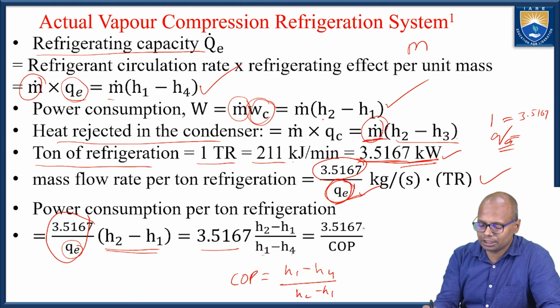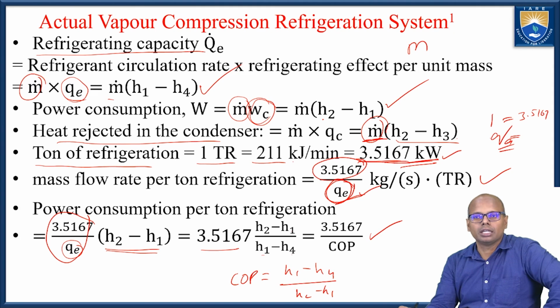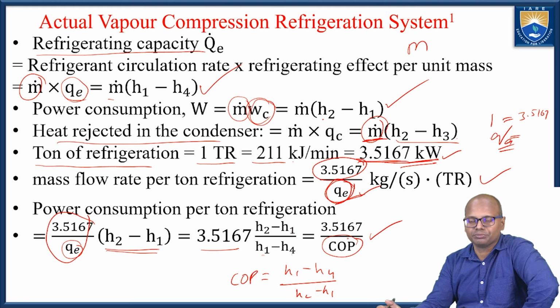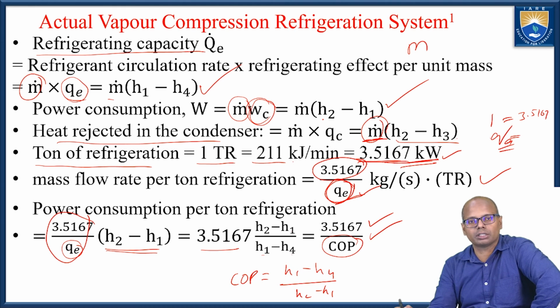So, if I replace this, the power consumed per ton of refrigeration is inversely proportional to the coefficient of performance, and the constant of proportionality is nothing but the 1 ton of refrigeration. So, it is 3.5167 divided by COP.